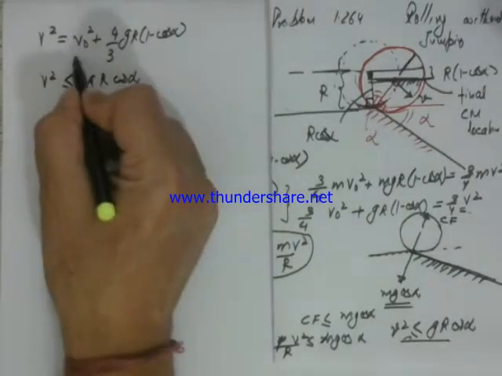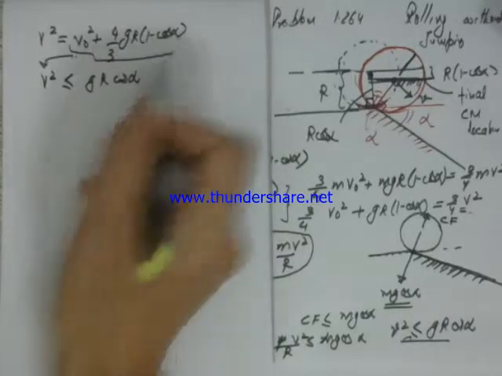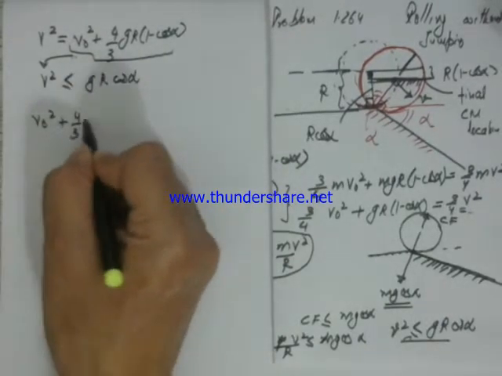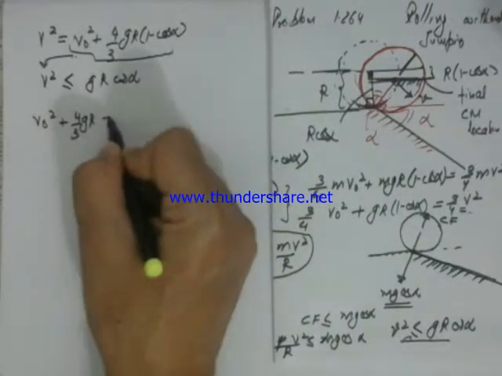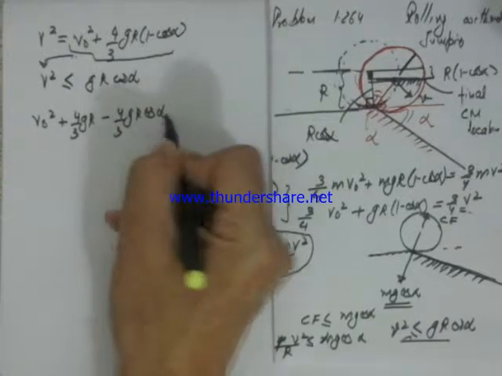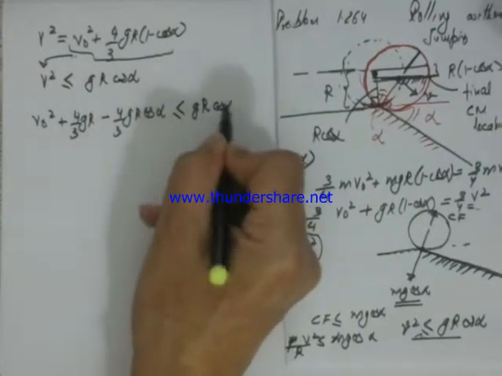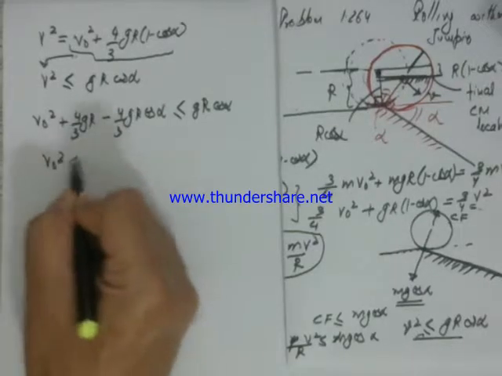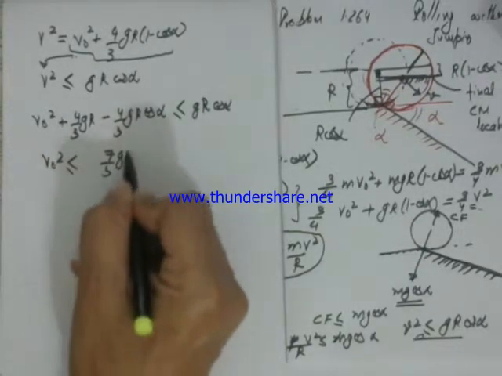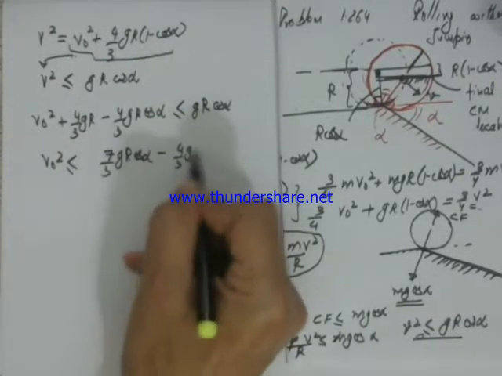So place the value of v square here. So v0 square plus 4 upon 3 gr minus 4 upon 3 gr cos alpha should be less than or equal to gr cos alpha. So v0 square should be less than or equal to 7 upon 3 gr cos alpha minus 4 upon 3 gr.